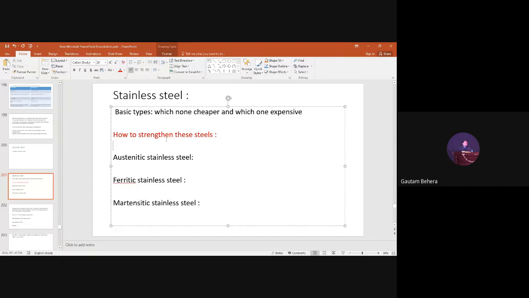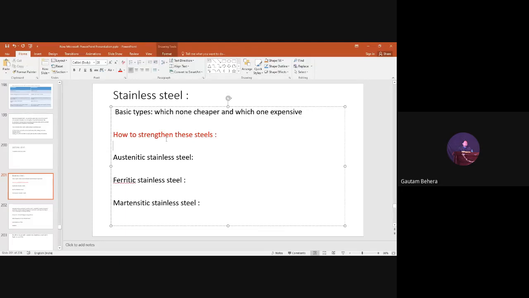So if I'm talking about ferritic stainless steel and martensitic stainless steel, basically these are chromium based stainless steels, right? If somebody asks what is the definition of stainless steel, we can define it as the steel which contains chromium above 11.5% or basically above 12%.